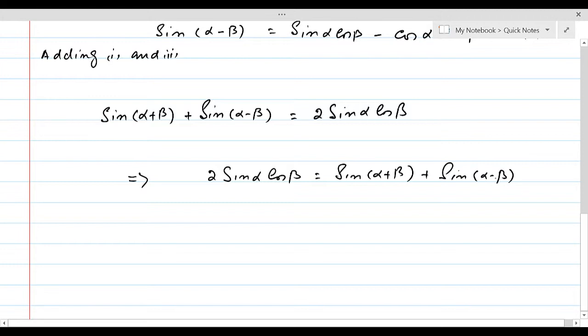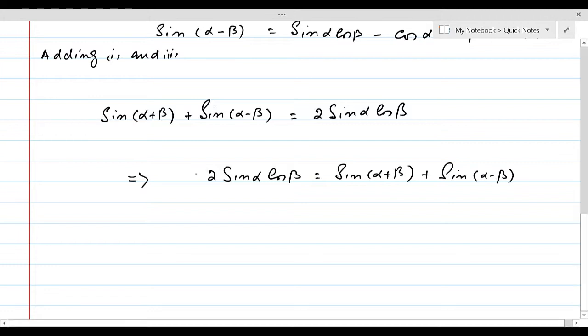On the left hand side we have a product of sine and cos. On the right hand side we have a sum. This formula can be used to convert a product of sine and cosine into a sum of sine and sine.